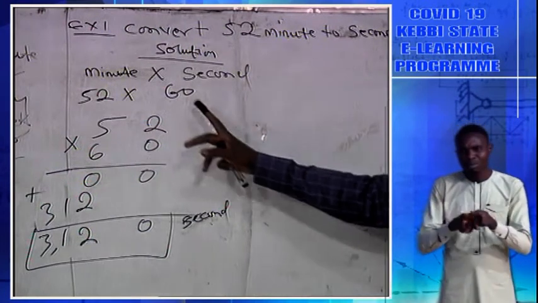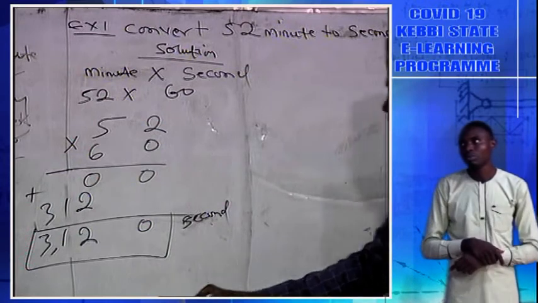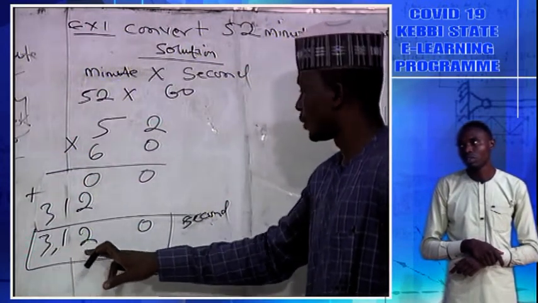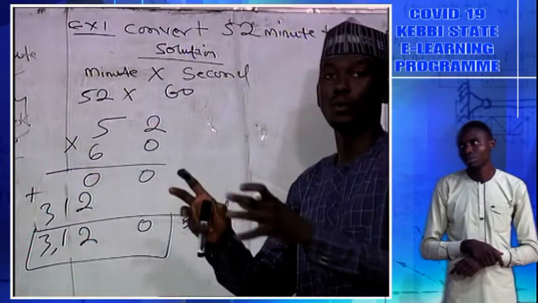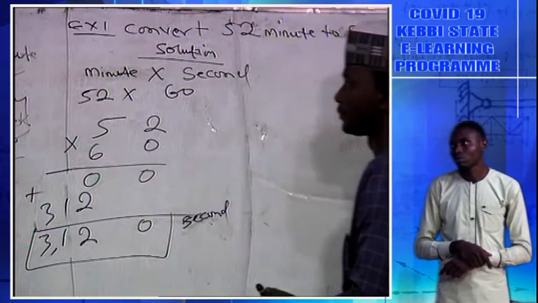Here we convert 52 minutes to become seconds. We find that we have 3,120 seconds in 52 minutes. This is our example 1.